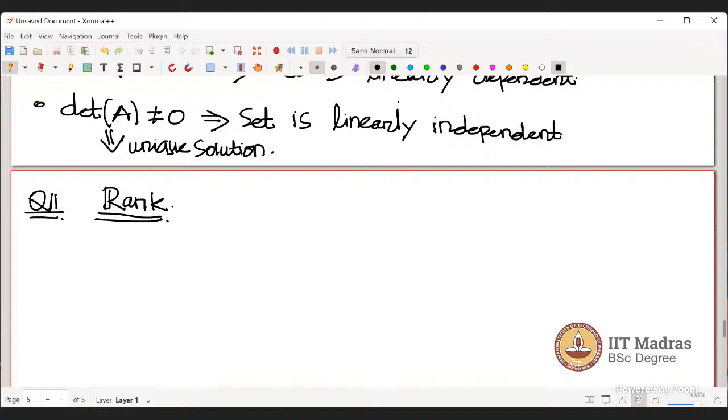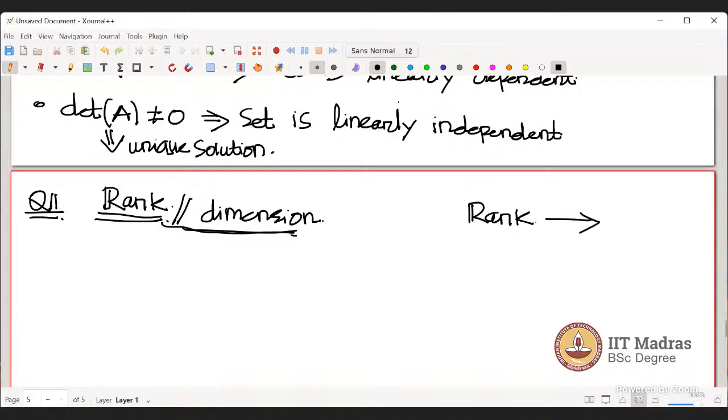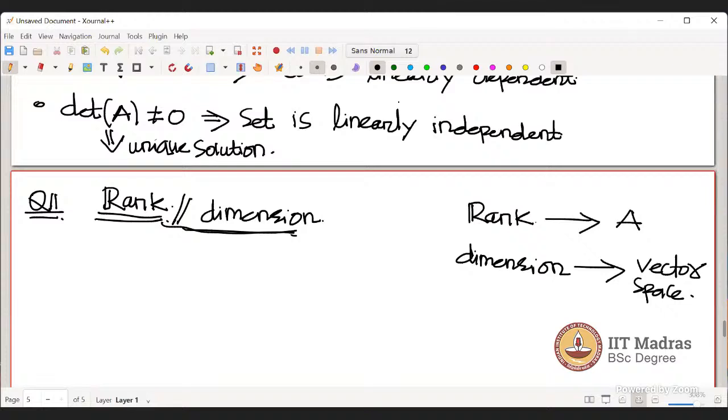So basically, in one sense, rank more or less corresponds to a matrix, and dimension corresponds to a vector space. In this lecture, I guess the word rank is used even for dimension.